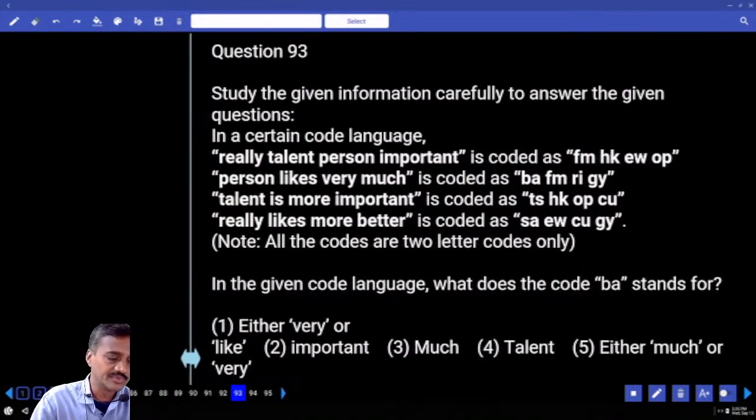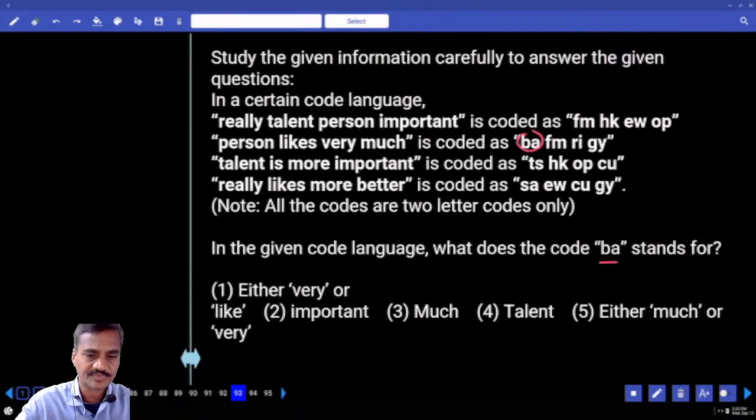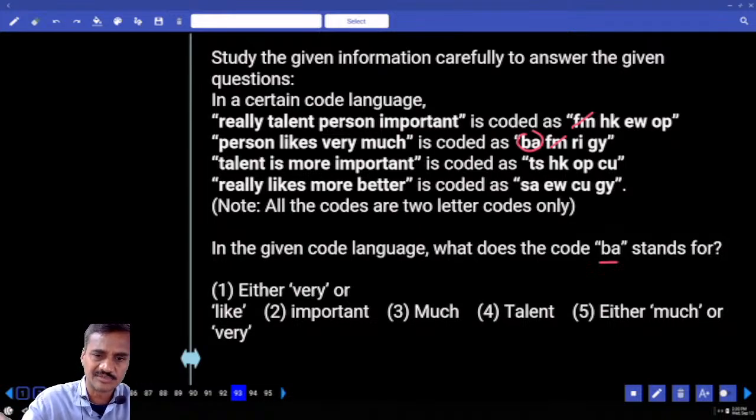Then 93 to 95, how many questions were there? Only 3. As only 3 questions were there, there is no necessity for you to write down each and every word and its corresponding code. Clear? Then here, and really talented person, and what does BA stand for? Where is BA? Now BA is there in the second statement. FM is common, isn't it? And FM is common, what is common here?